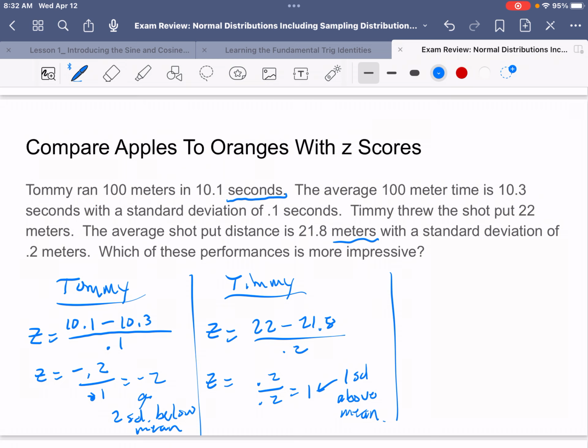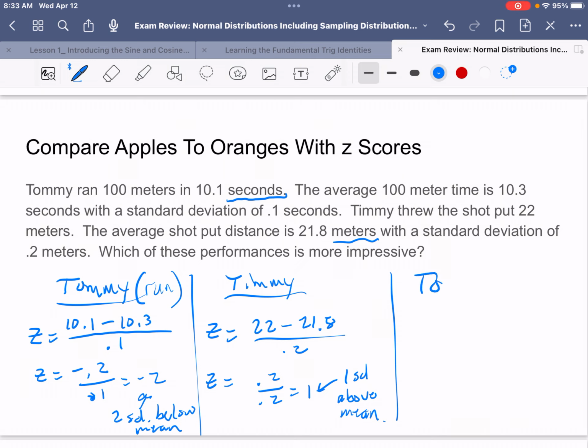Like, for instance, if we were doing quiz grades, if your z-score was a 2, that means your quiz grade was 2 standard deviations above average. If your z-score is negative 1, that means your quiz grade was 1 standard deviation below average, which would not be good. But since Tommy is in a running race, a negative z-score is actually a really good thing. It means that he was 2 standard deviations faster than the mean.